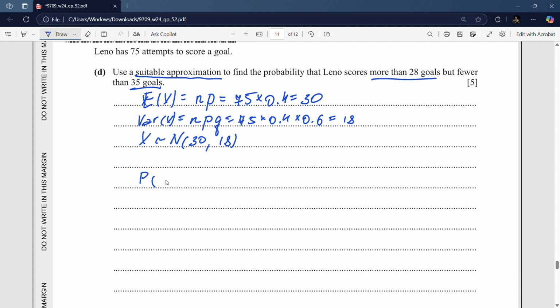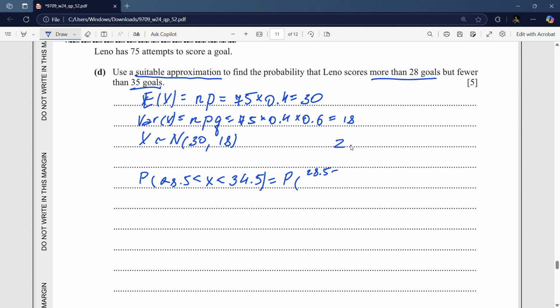So if we use approximation, it should be more than 28.5 and less than 35, which means it should be less than 34.5. Now we are trying to represent this in z.